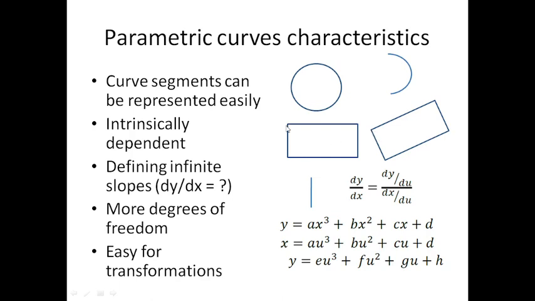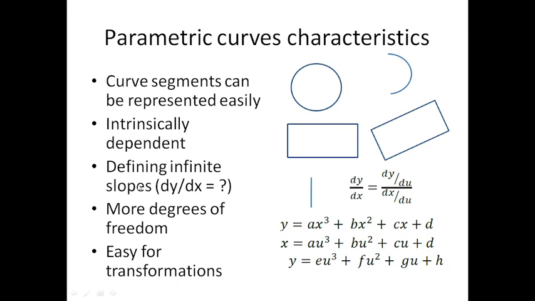You can see that the relationship between these lines doesn't change with the change in position. So that is why we call it intrinsically dependent. Whatever properties are intrinsically dependent, they can very well be defined with the help of parametric curves.